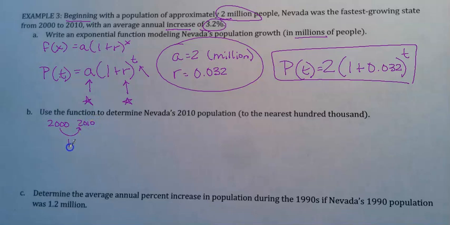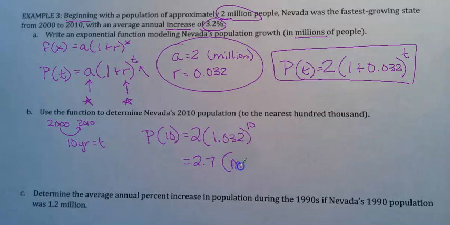Well, that's 10 years. So that is our t value. We're going to plug that into our formula. So p of t is going to equal 2 times 1.032, I'm going to go ahead and do that addition, to the power of 10. All right, and when we do that, we get 2.7.